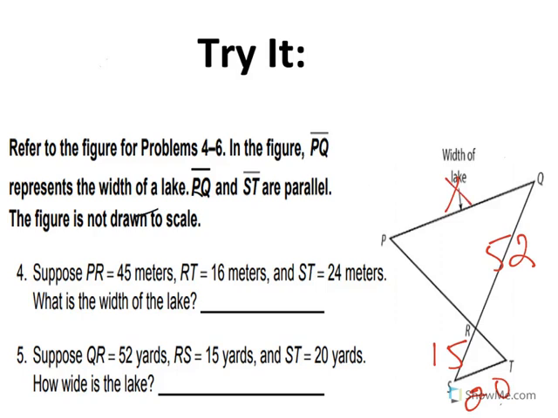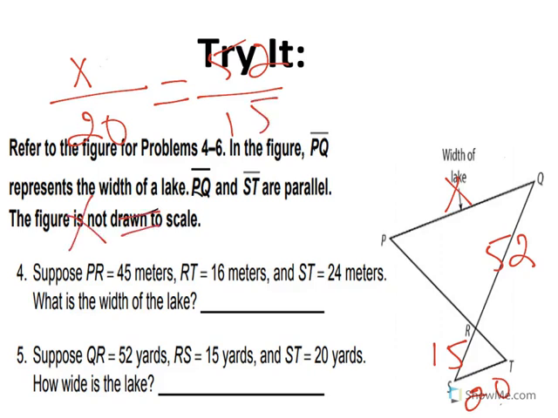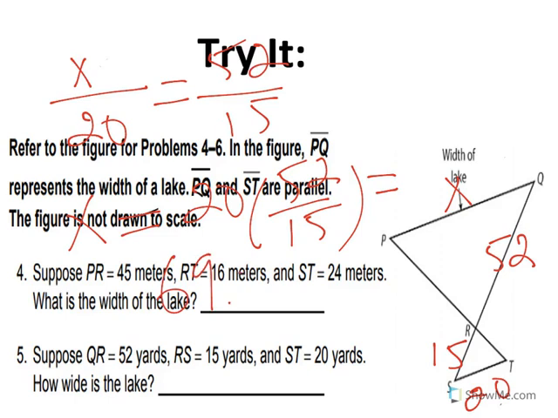So similarly to number 4, we can say X over 20 equal to 52 over 15. So then X is equal to 20 times 52 over 15. So then this gives us 69.3, and this is in terms of yards.